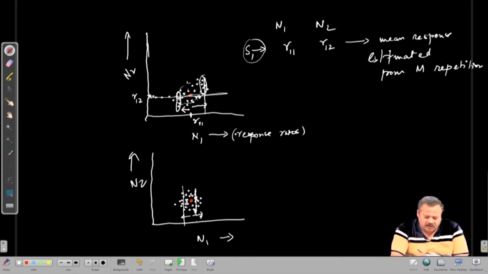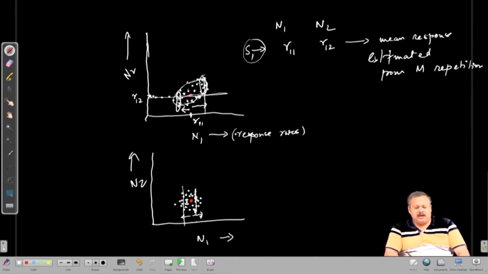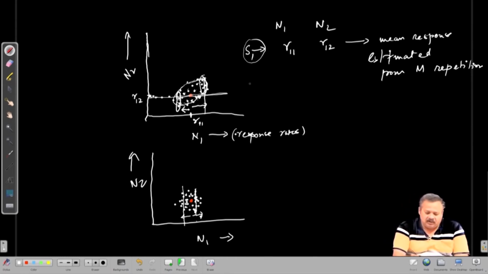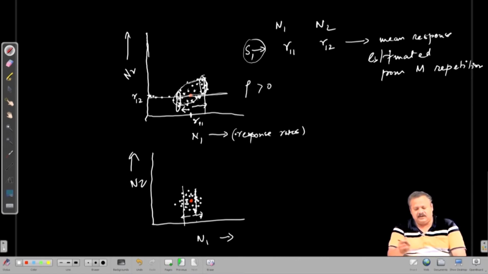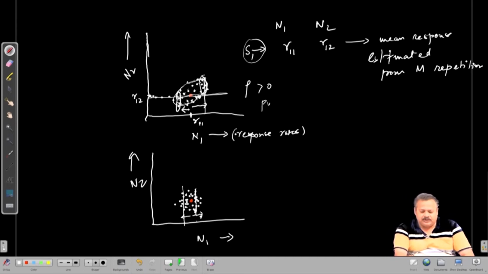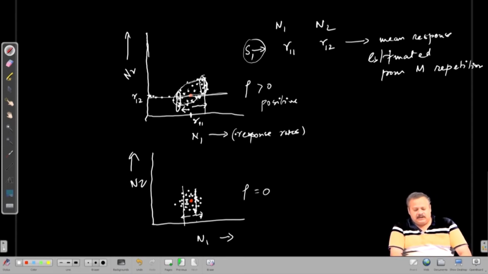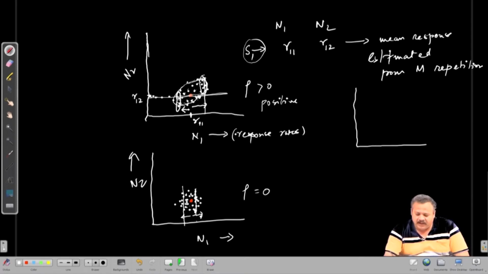So, if we look at the correlation coefficient of the pairs of responses in the first case that we were drawing, the correlation coefficient rho is going to be significantly greater than 0, or positive. Here our rho is effectively 0, and so they are not correlated.